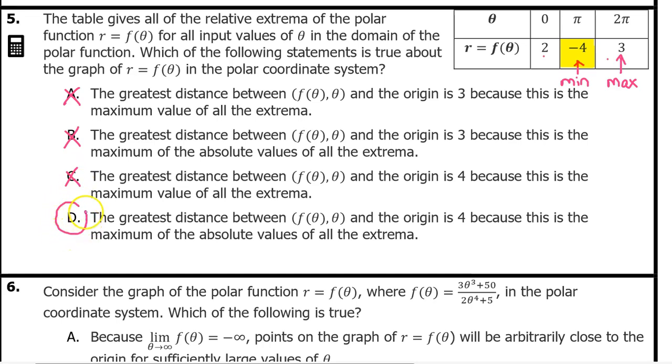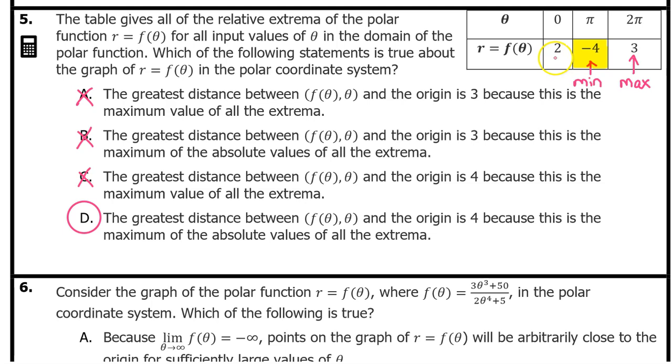Let's see what D says. The greatest distance between a point and the origin is 4 because this is the maximum of the absolute values of all extrema. That's true. The absolute value means the distance from 0, and it is always positive. So taking the absolute value of the extrema tells you the distance from 0.